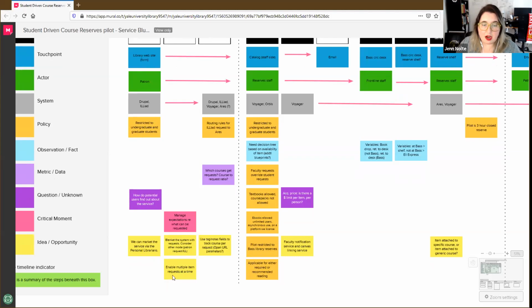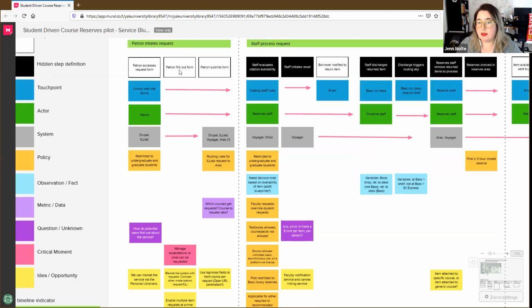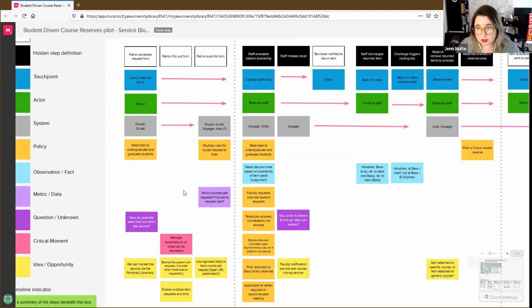Enabling multiple item requests at a time. When a person's filling out the form, can you let them request more than one thing? Certainly they're probably not taking just one course that semester. So maybe you want to enable them to request something for their biology course and their English 101 course.